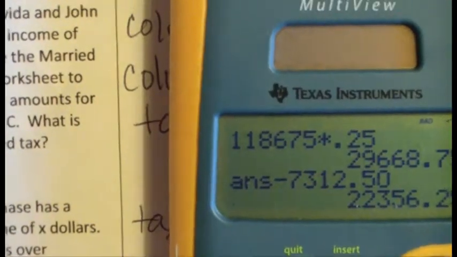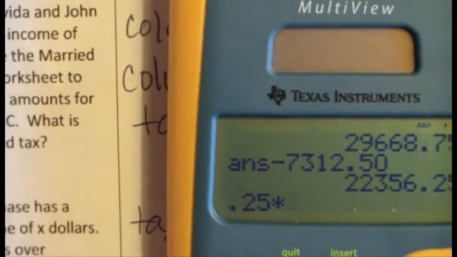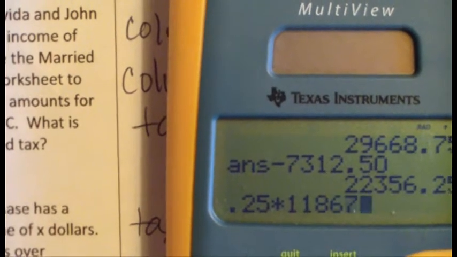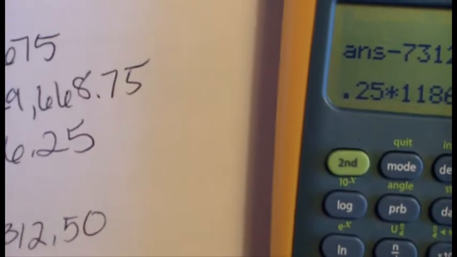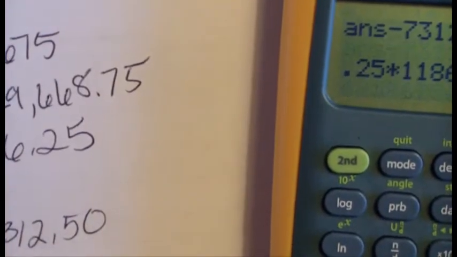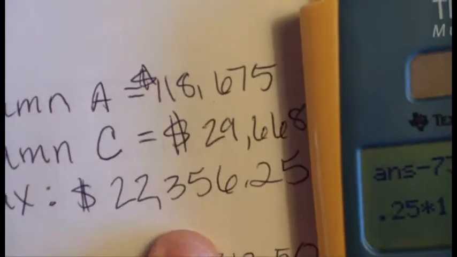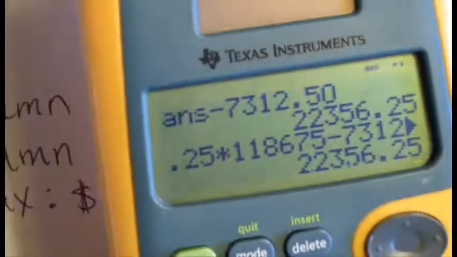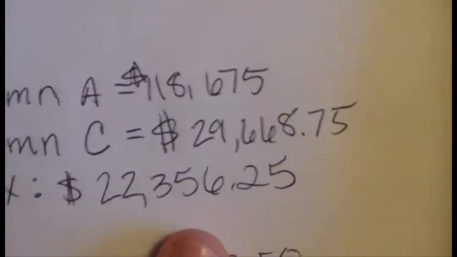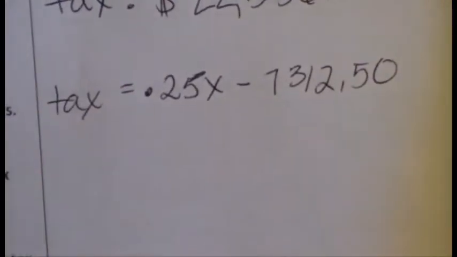Let me double check. 0.25 times 118,675, and subtract off 7,312.50. And that gives us exactly what we got for the tax using the table. So that's our equation for finding the tax.